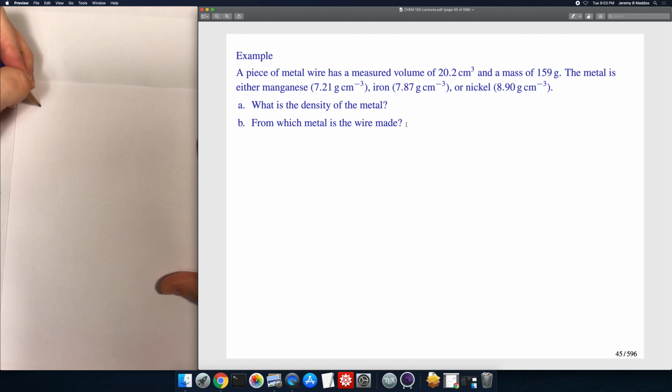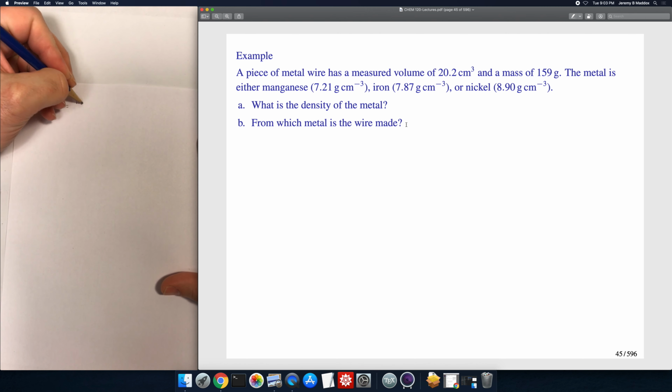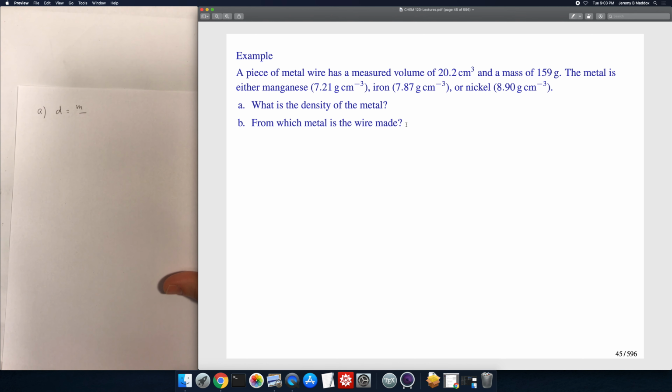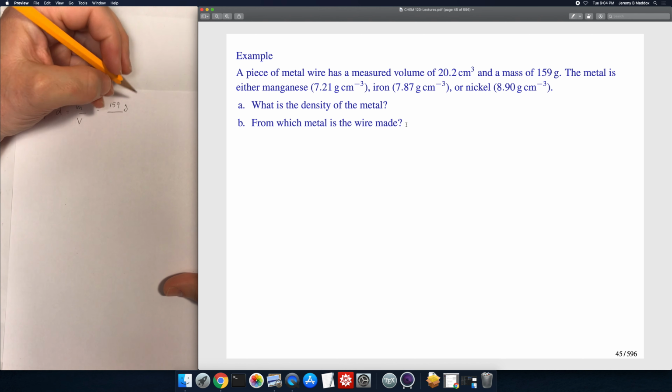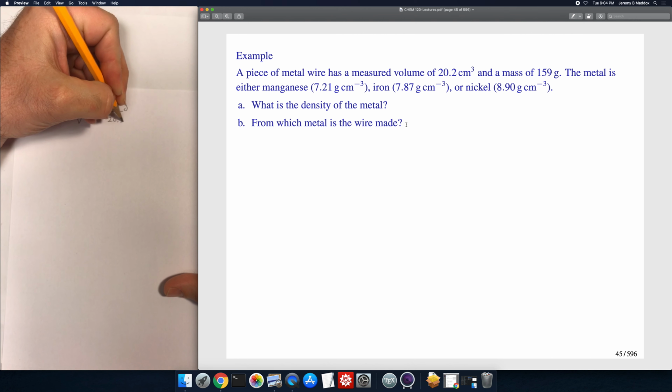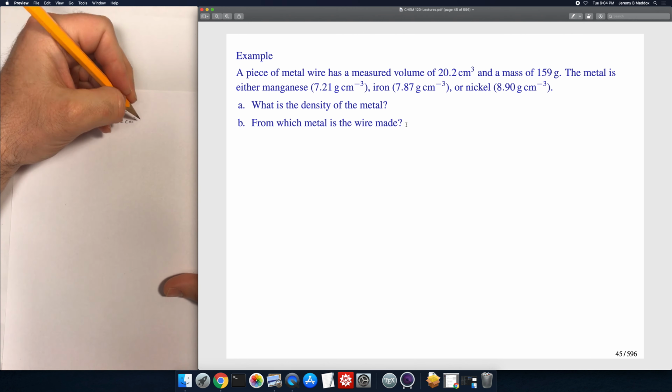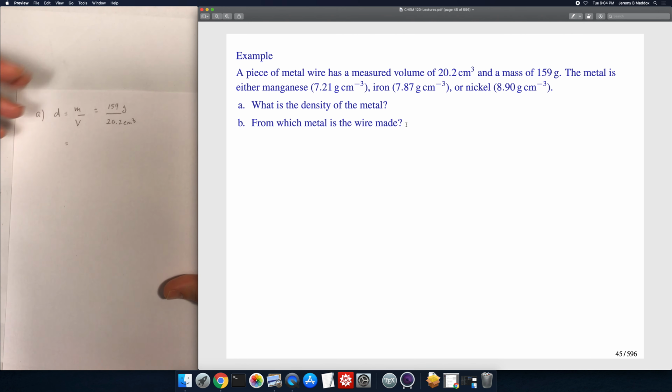Okay, so for part A, we need to use the density formula, which is mass divided by volume. And so that's going to be 159 grams divided by the 20.2 cubic centimeters. And so we will run that through our calculator.